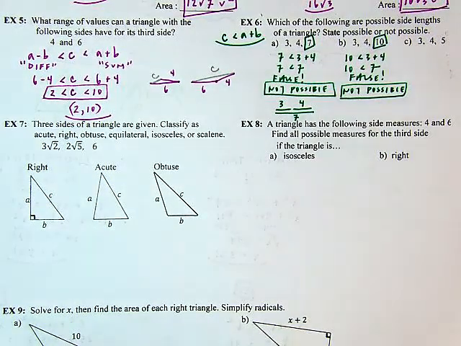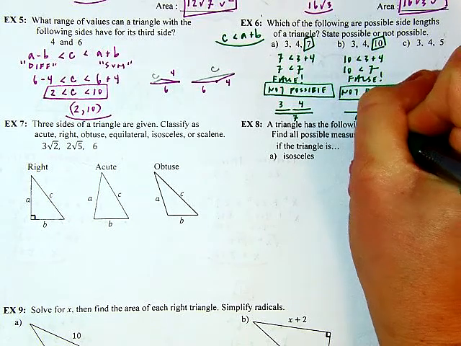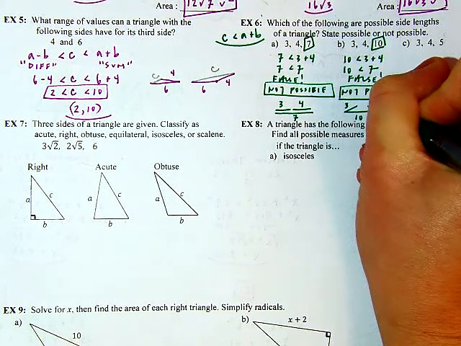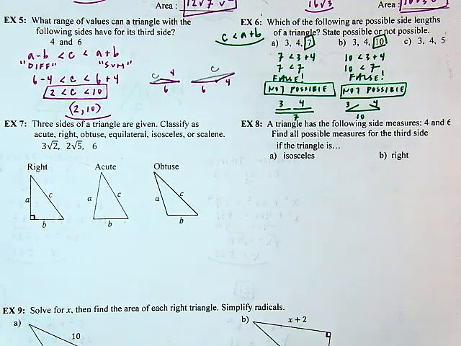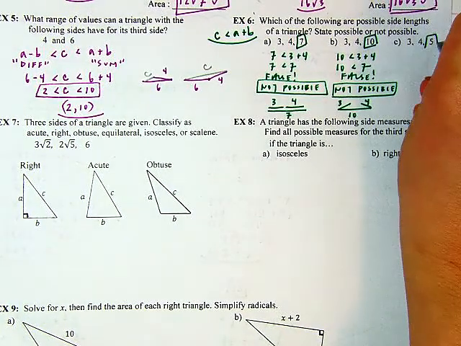If I draw a visual here, here's my largest side, 10, and those two little sides of 3 and 4 are just too short. They're too small to connect and make a triangle. Not possible.